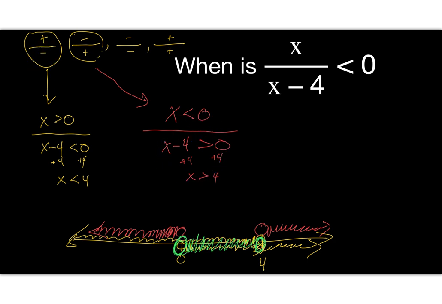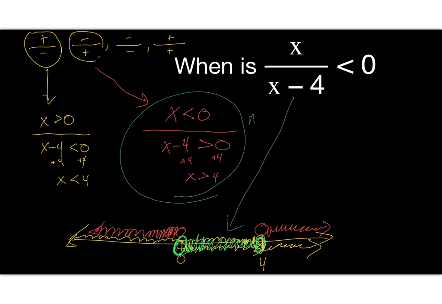Which means this can never happen. This can happen, but this can never happen. So the only place that this can be negative, less than 0, is in this green zone down here. That's the only place, because this is not possible. You cannot be both, because we need these both to be true.